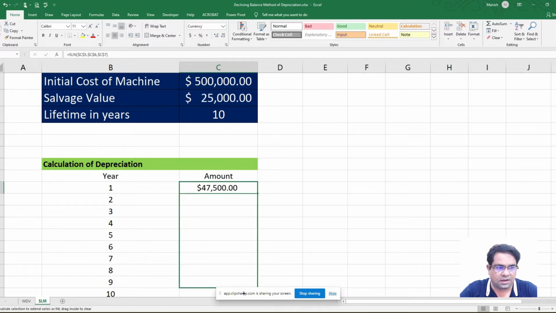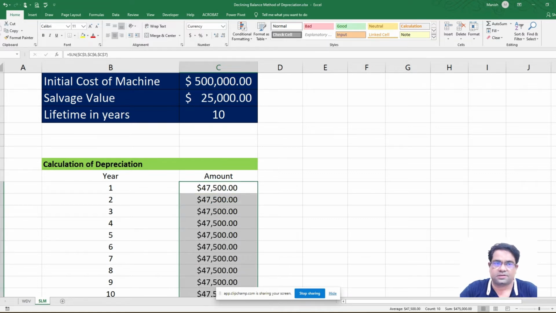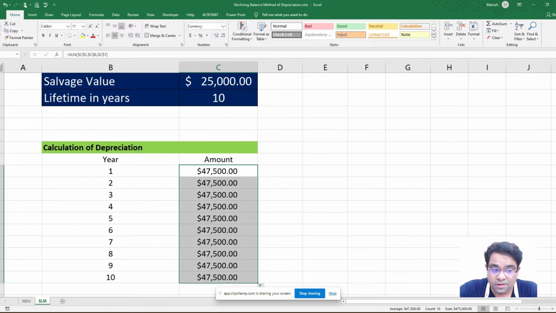You can see every year if we depreciate this asset, we have to use the depreciation of $47,500 for the next 10 years. This method is called the straight line method; straight means equally. That is the straight line method.